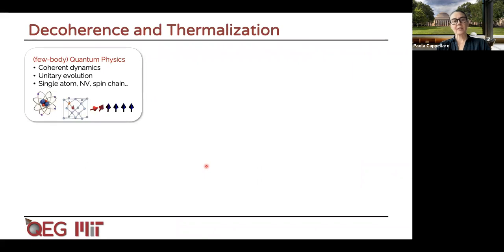So if you look at few-body quantum physics, by now there have been tons of experiments and technology is always improving, so we can reveal coherent dynamics. The evolution is unitary, so, if you want, reversible. But this happens when we look at single atoms, single NV centers, maybe small systems.